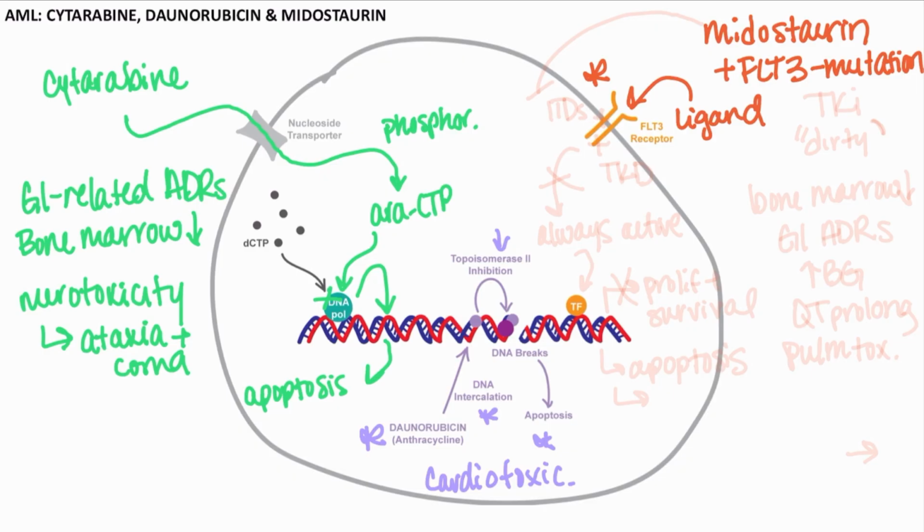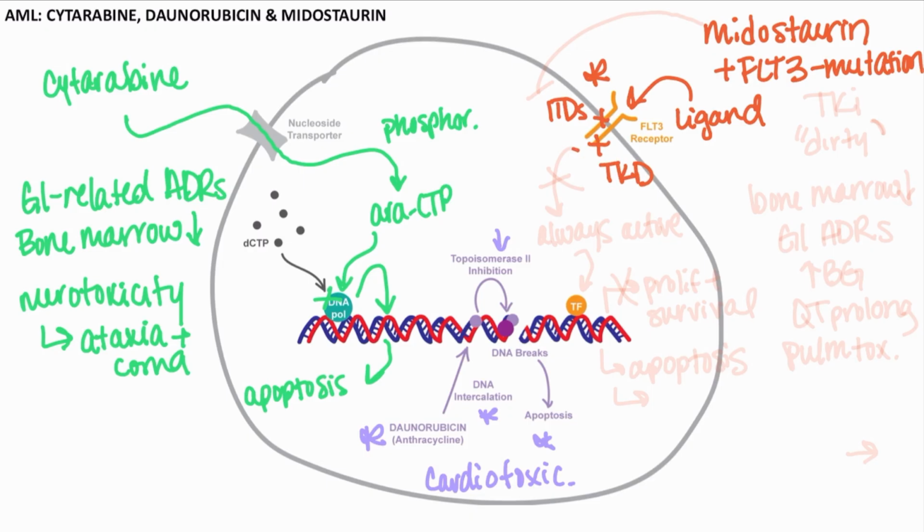In AML, the gene encoding the FLT3 receptor commonly acquires either internal tandem duplications, or ITDs, in the juxtamembrane domain, or point mutations in the tyrosine kinase domain.